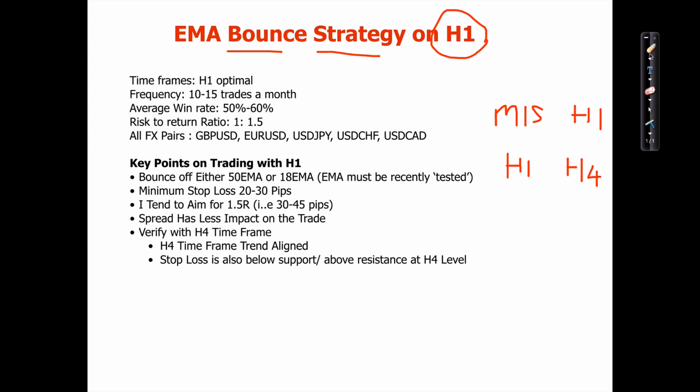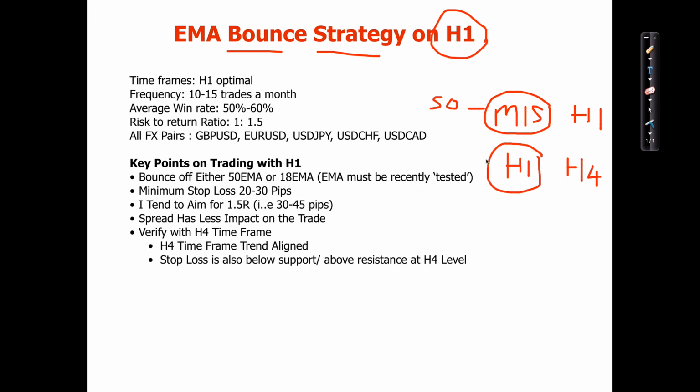Okay, so let me talk about a few nuances of trading the bounce strategy on the H1 time frame. On the original M15, I only trade the bounce when it's bouncing off the 50 moving average. If you recall, I do not trade when it bounces off the 18 EMA, only the 50.